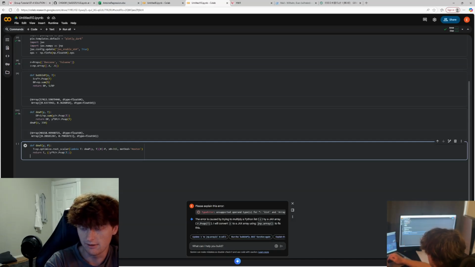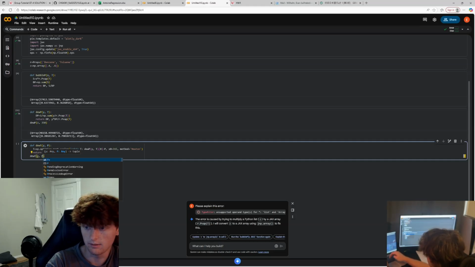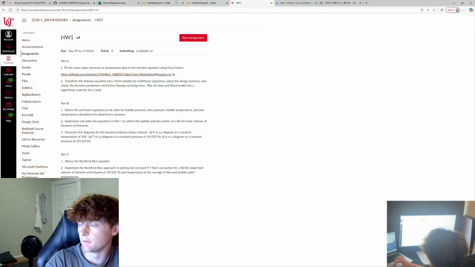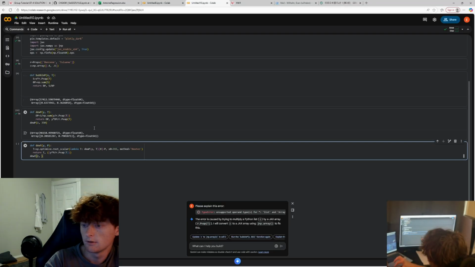So we can go ahead and see if this works. So do T, Y, and P, or Z, and our pressure is, can't remember, 101,325. So shift enter.